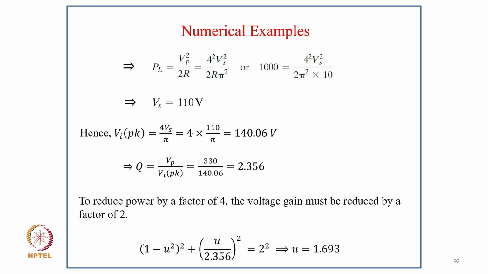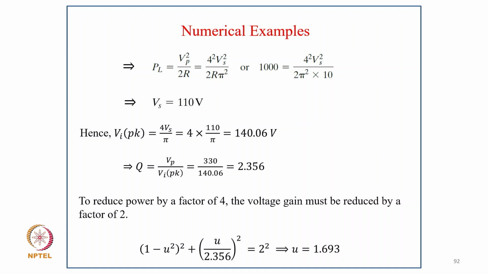The peak fundamental component of a square wave is Vp equal to 4 Vs upon pi, and P equal to Vp square by 2R equal to 4 square Vs square by 2R pi square, and putting a value, Vs becomes 110, and Vi, 4 Vs upon pi, comes to 140.06, and quality factor Vp by Vi becomes 2.356. To reduce the power by a factor of 4, the voltage gain must be reduced by a factor 2.